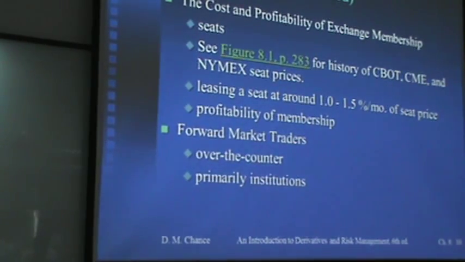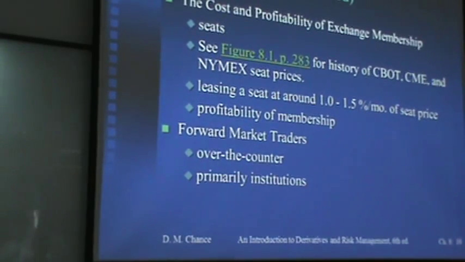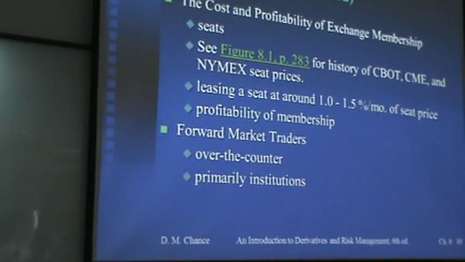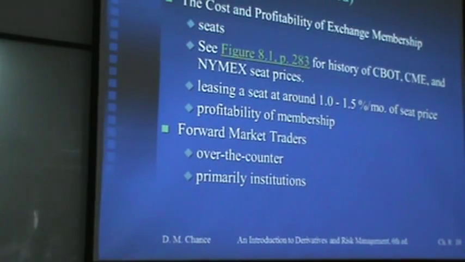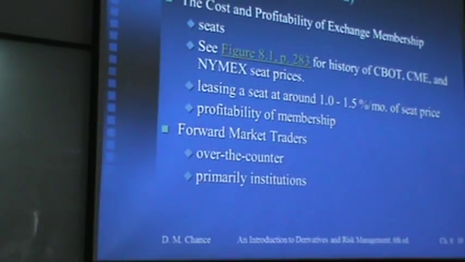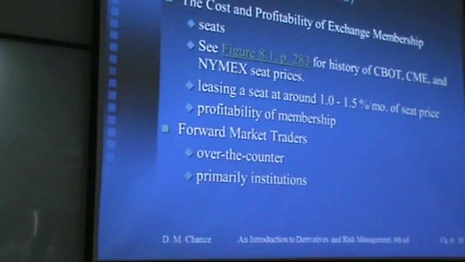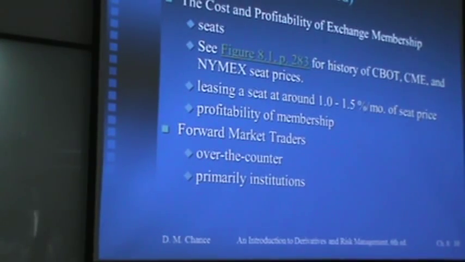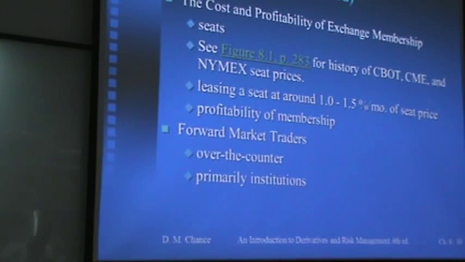It already says. Right, but this is leasing. You rent it out for 1.5% of the price. It's the same thing. You rent it out for 1.5%. So it's a good investment.